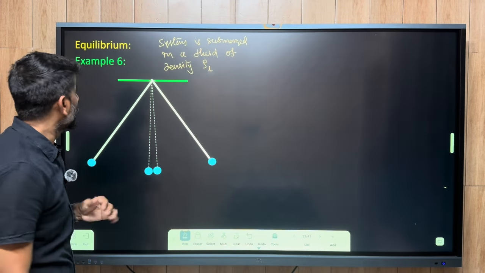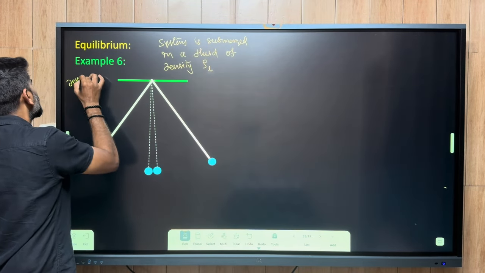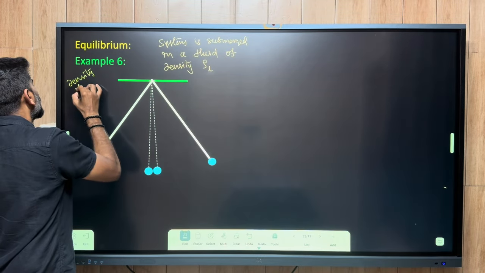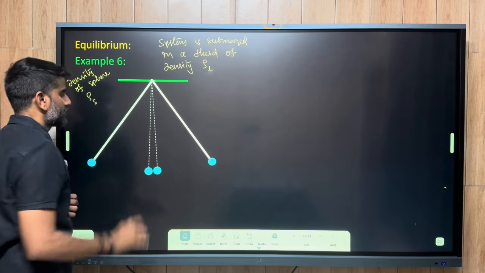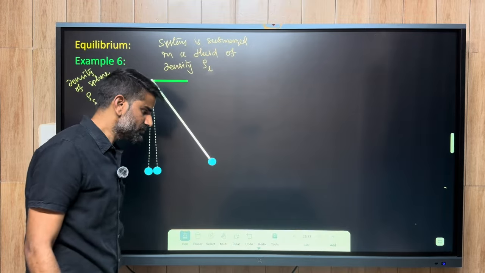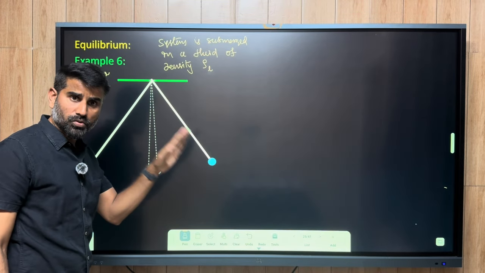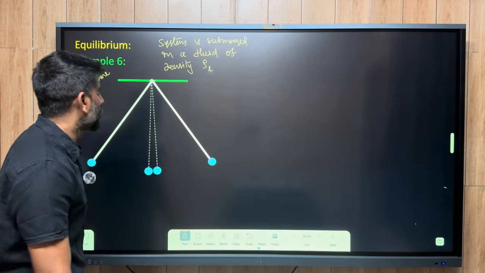Now let's assume the density of the sphere is rho sphere. Now this entire system is in a fluid or liquid, any liquid.